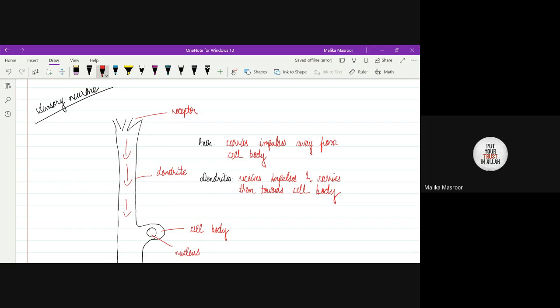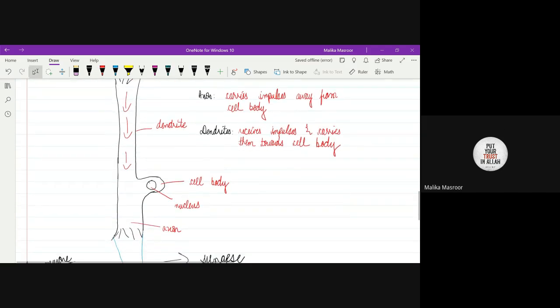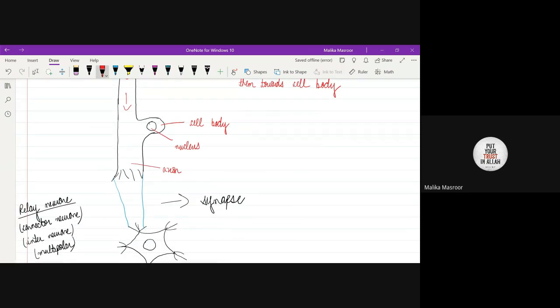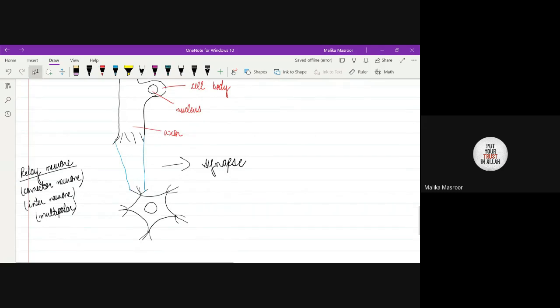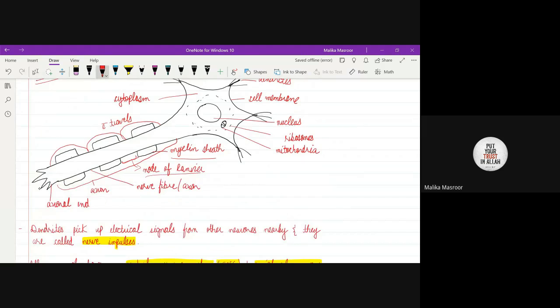The dendrite is now receiving it and sending it towards the cell body nucleus, and an axon at the end, and then this will form a synapse with your relay neuron. Then this will connect to the motor neuron, the one on the top, at the dendrite point. Is this clear? Does it make sense how they will be connected?